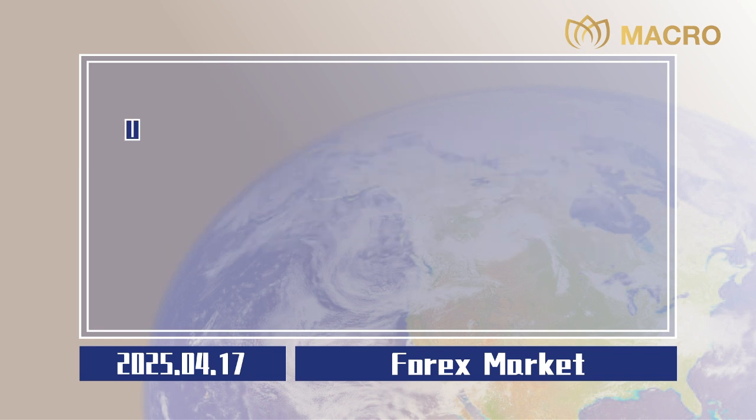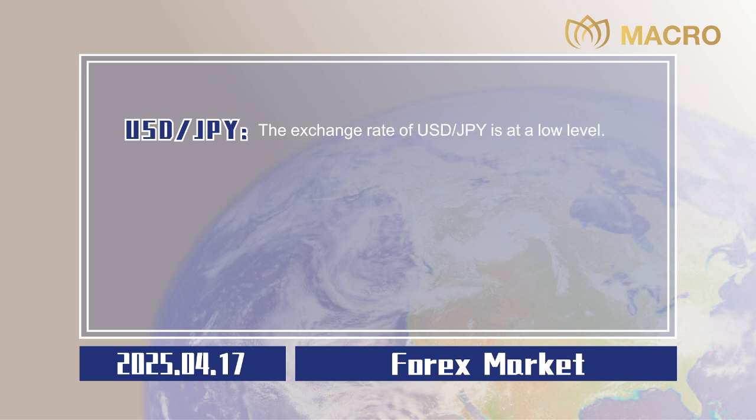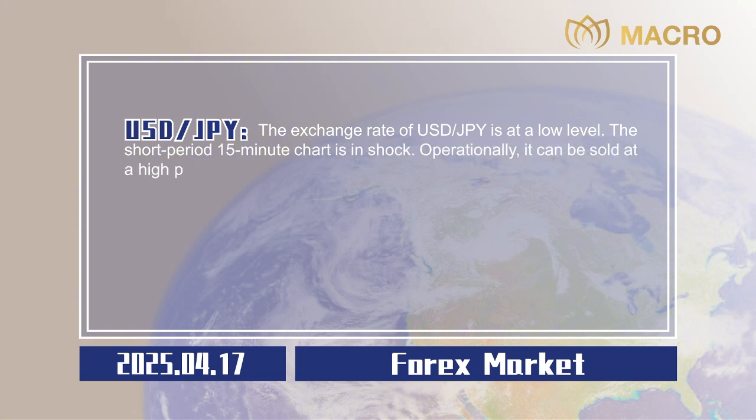US dollar to Japanese yen. The exchange rate of US dollar to Japanese yen is at a low level. The short period 15-minute chart is in shock. Operationally, it can be sold at a high price and bought at a low price in the interval of 142.38 to 142.86.